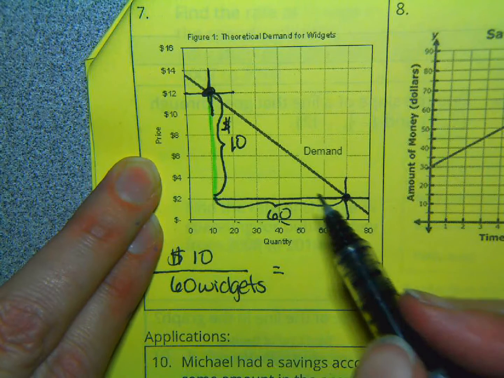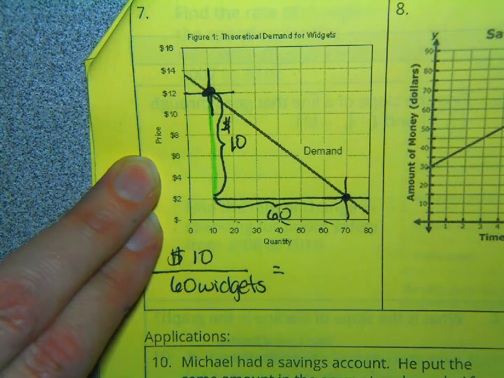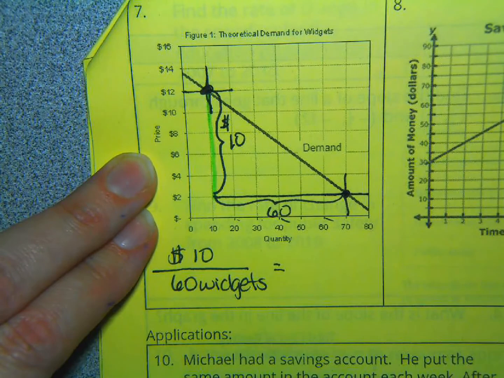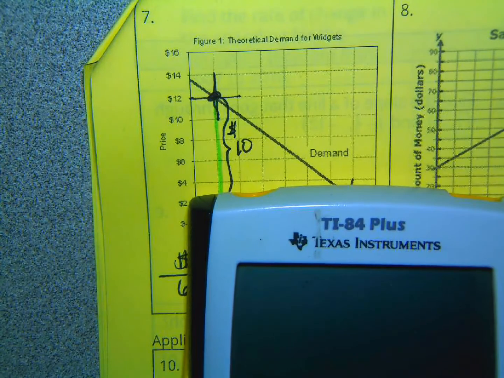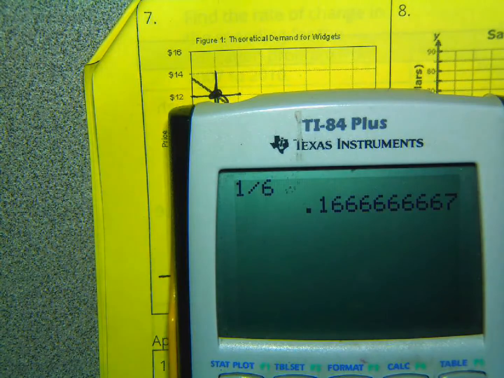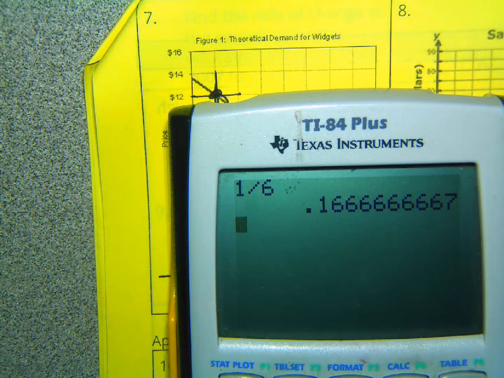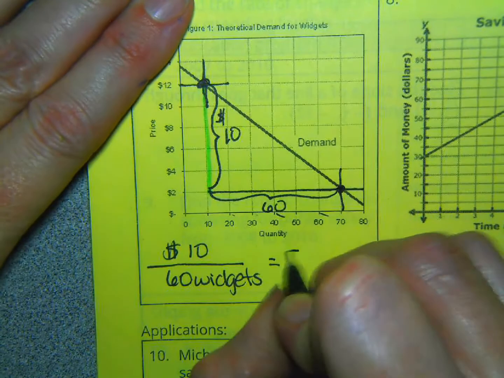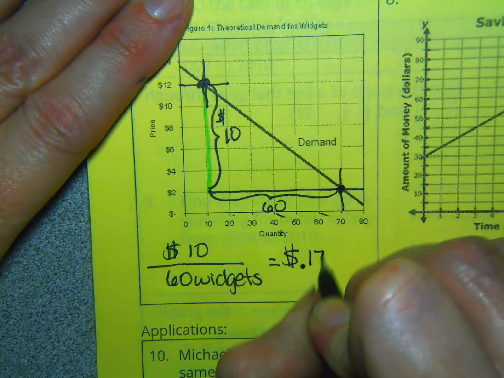I did this wrong. Oh my goodness. Okay, so that's 10 over 1/6. What's 1/6 of a dollar? 1 divided by 6, in case you aren't sure, looks like it's about 17 cents. That's about 17 cents per widget.